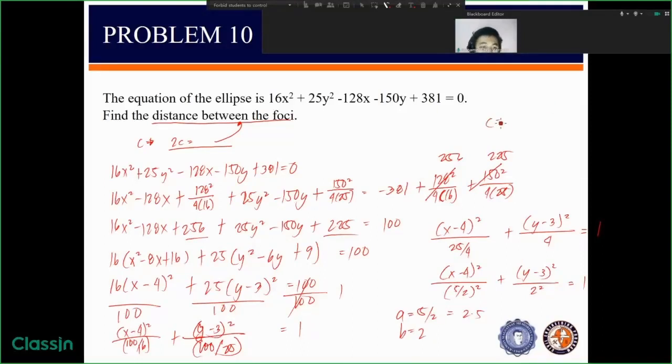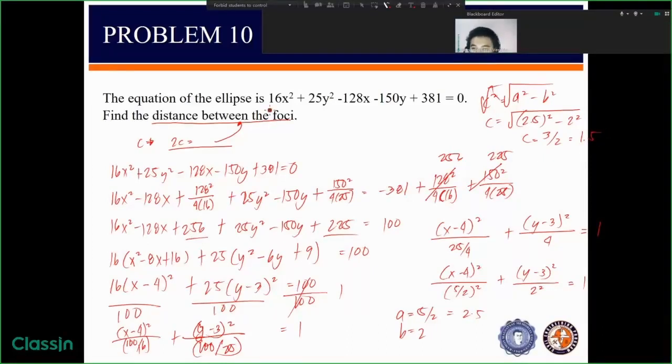So we can now get c, and the formula is a squared minus b squared. So taking the square root of both sides, c is equal to the square root of a squared minus b squared. Our a is 2.5 squared and our b is 2 squared. So c equals the square root of 2.5 squared minus 2 squared, which is equal to 3 over 2 or 1.5.